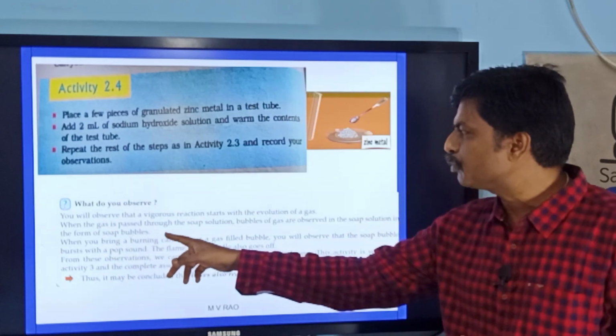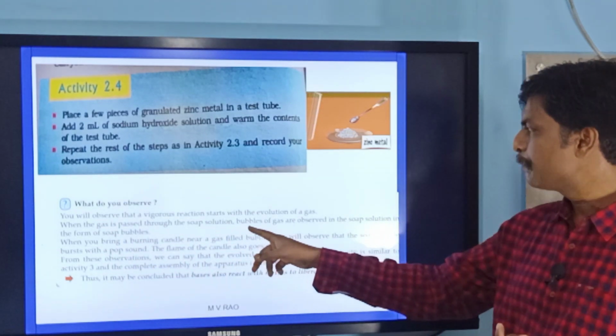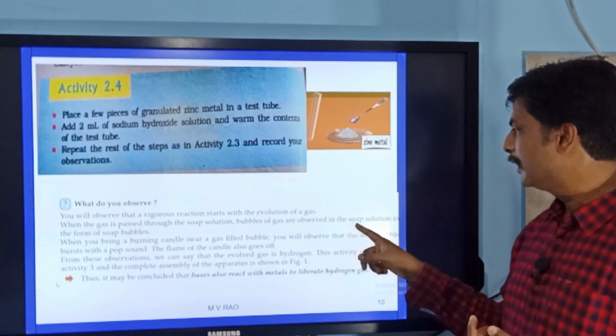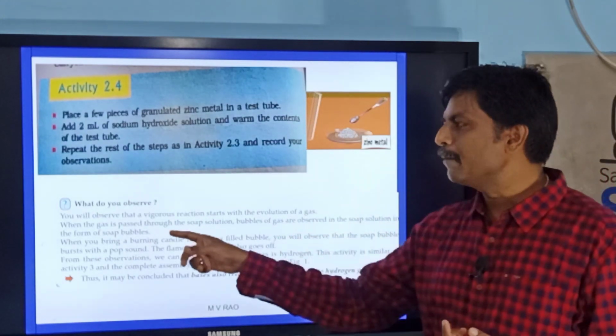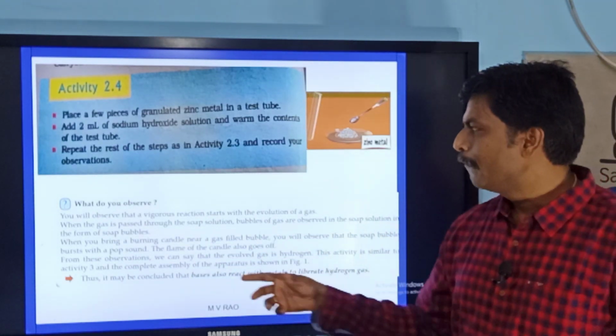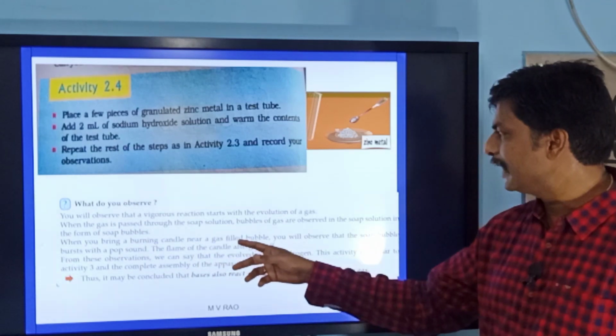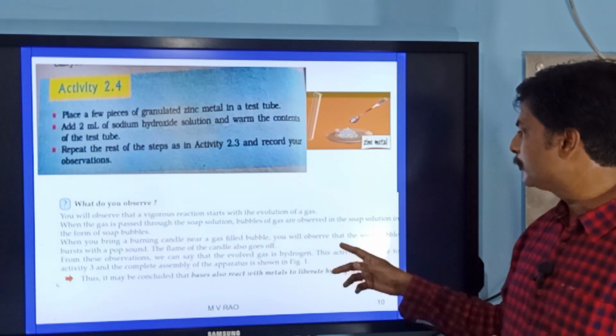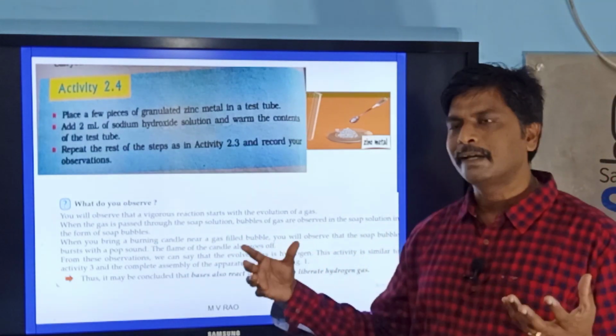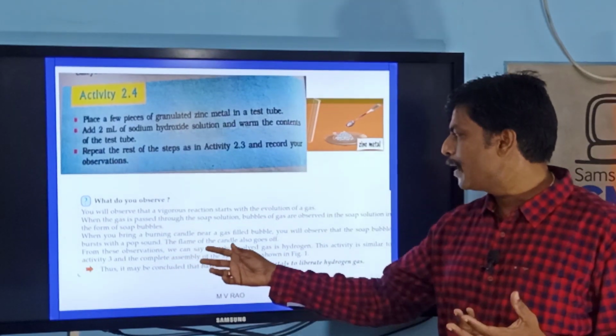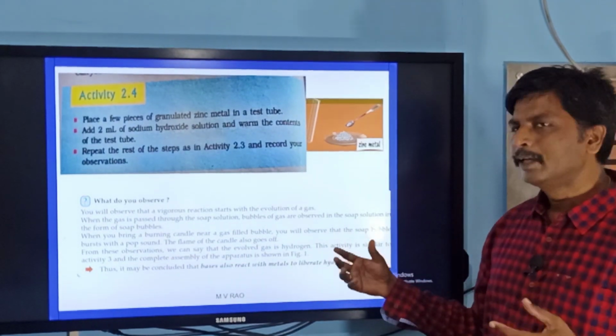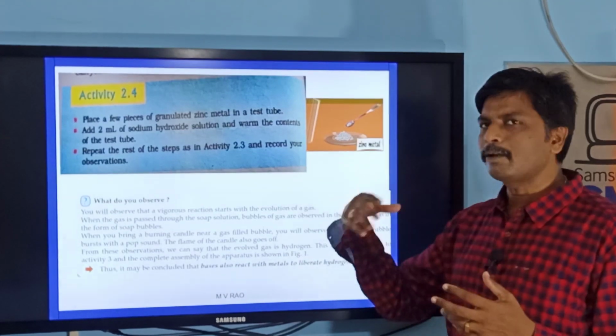When the gas is passed through the soap solution, bubbles of gas are observed in the form of soap bubbles. When you bring a burning candle near a gas-filled bubble, you will observe that the soap bubbles burst with a pop sound. The flame of the candle also goes off. So it is an activity similar to the previous one.